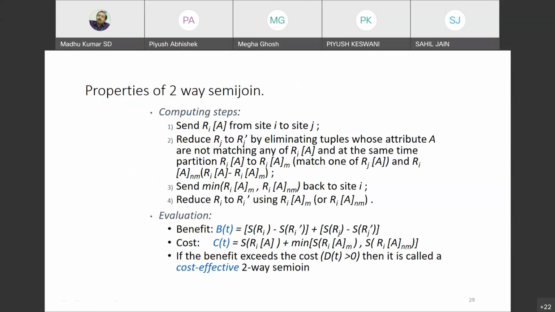The steps are: send the column A, which is the common column, from site i to site j, then reduce Rj to Rj dash by eliminating tuples whose attribute A does not match any value of RiA, and at the same time partition RiA into the part matching Rj's A and the remaining columns. So send the minimum of this back to the site of i and reduce Ri to Ri dash. Then using those values, you go for the next phase of the evaluation.